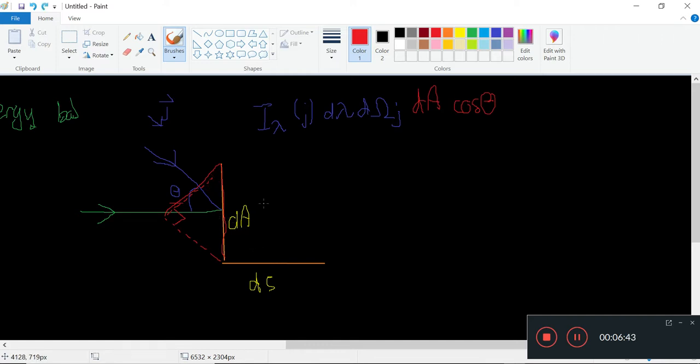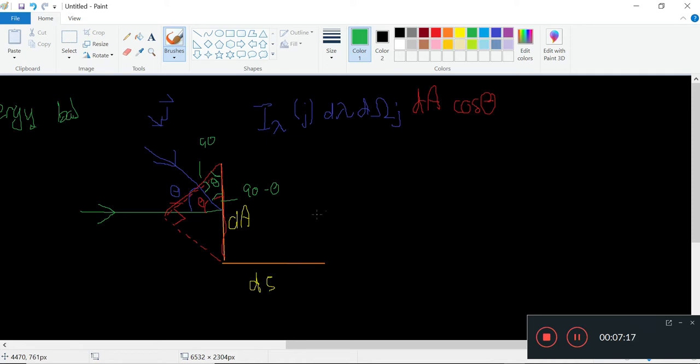Again, we need to do a little trigonometry. This is theta, this is 90 degrees, and this is 90 minus theta, and this is theta, this green angle up here.